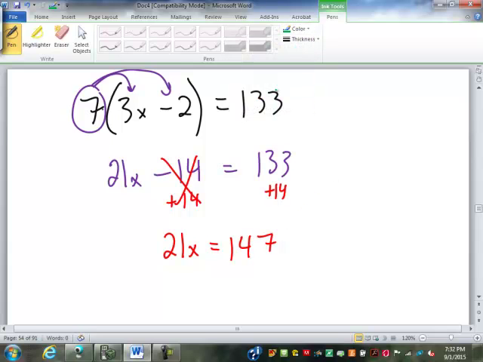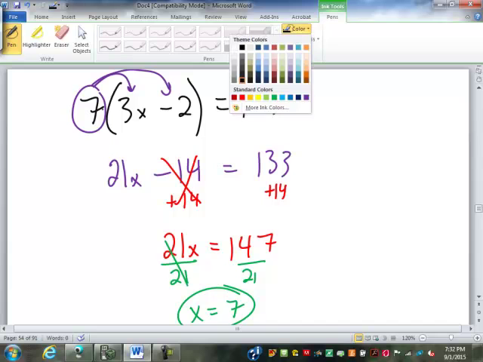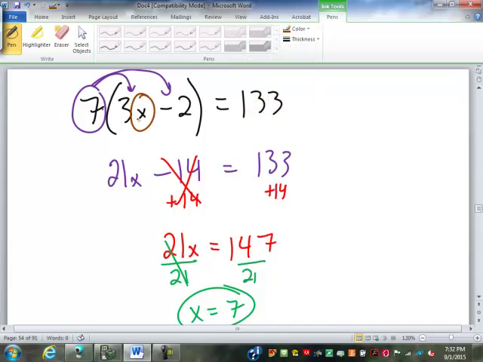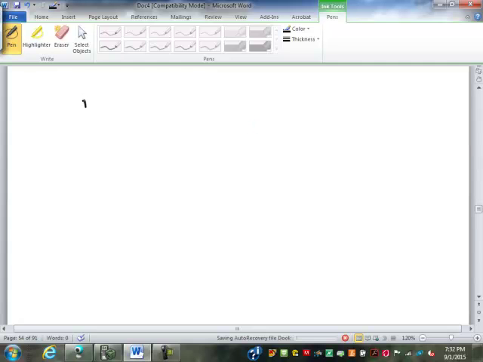And then divide by 21. X equals 7. And as always, if you wanted to, you could take that back and put 7 in here for x and make sure that that works out to be the same value on each side. Or you can run into questions like this.